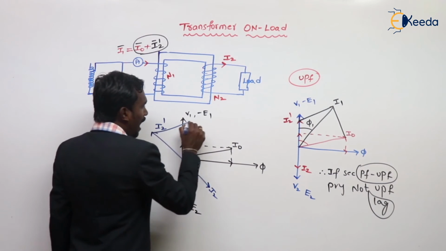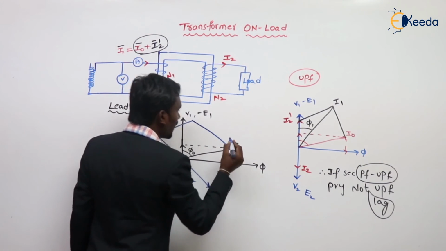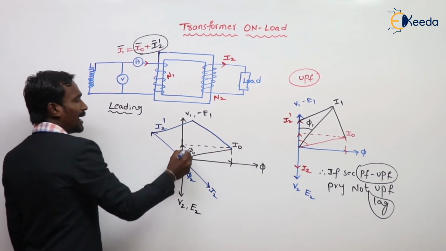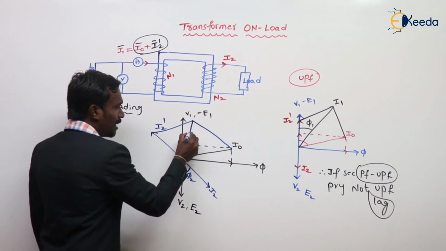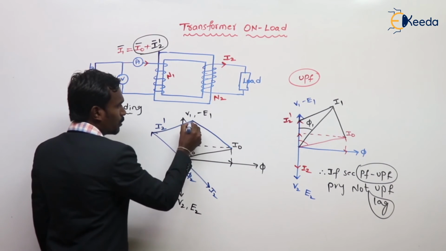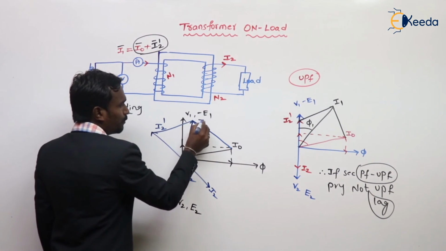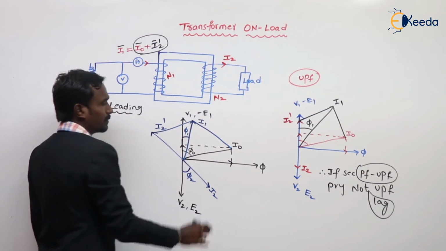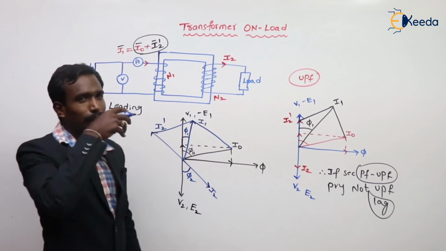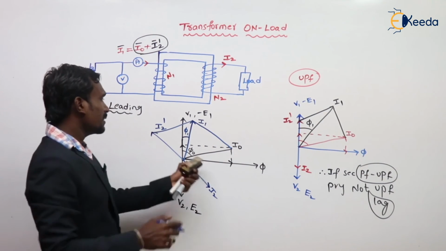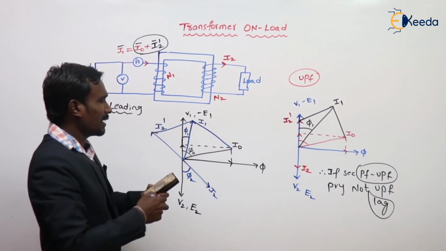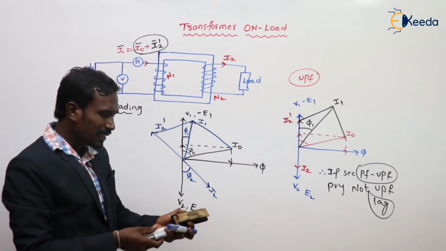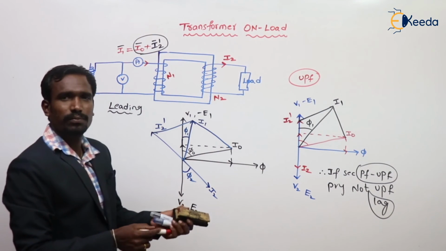The sum of I2 dash and I naught is equal to I1, and this is the angle phi 1. This is the vector diagram for leading load.